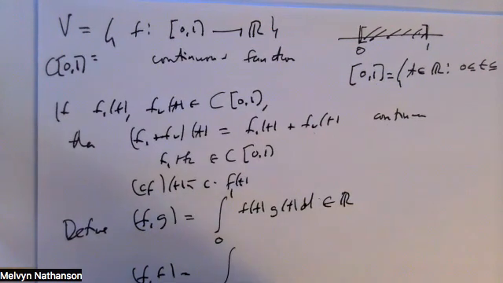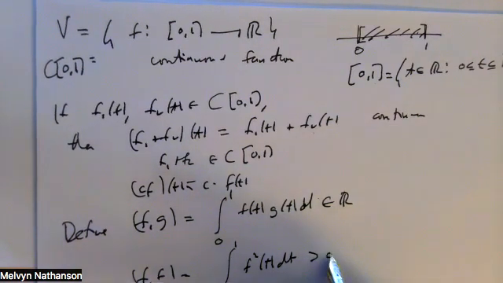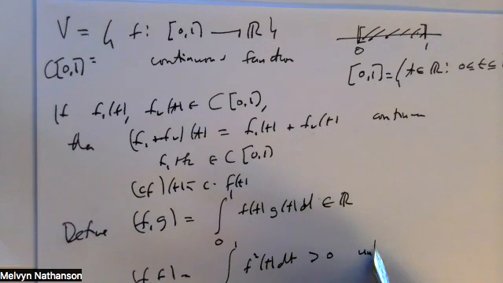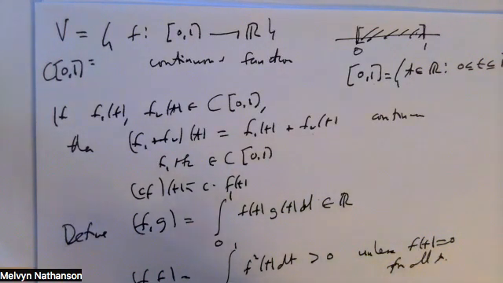And ff, the inner product of the function with itself, that's the integral from 0 to 1 of f squared of t dt. This is just multiplying f by itself. This is positive unless f of t equals 0 for all t. If for any t, f of t is different from 0, the square is strictly positive, it's continuous, and the integral will be positive.